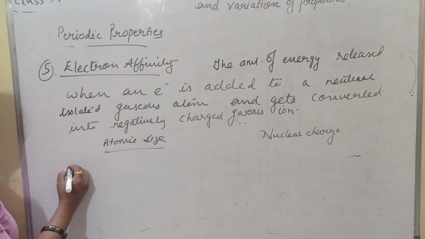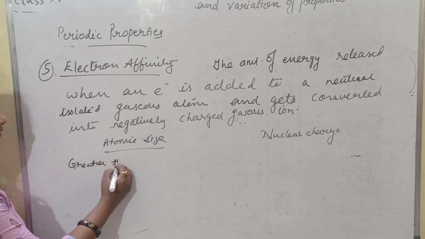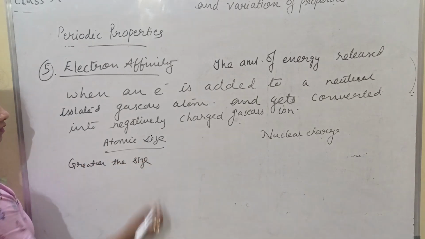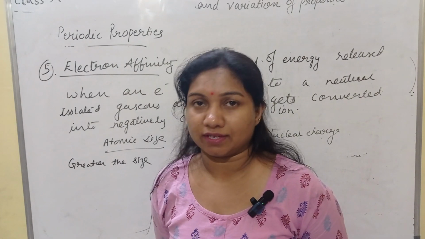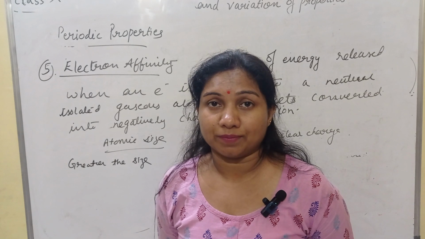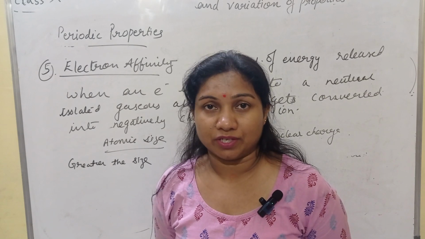If greater is the atomic size, lesser is the force of attraction between nucleus and the outermost electron. And what will happen if there is less nuclear pull? Then electron will not be accepted easily.